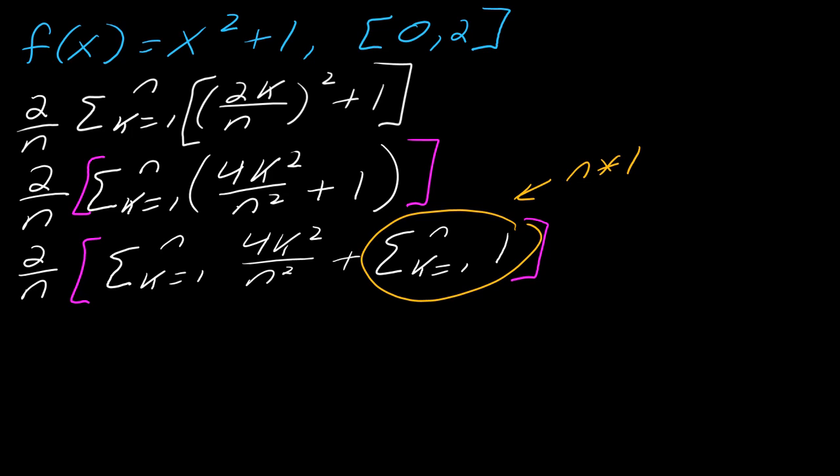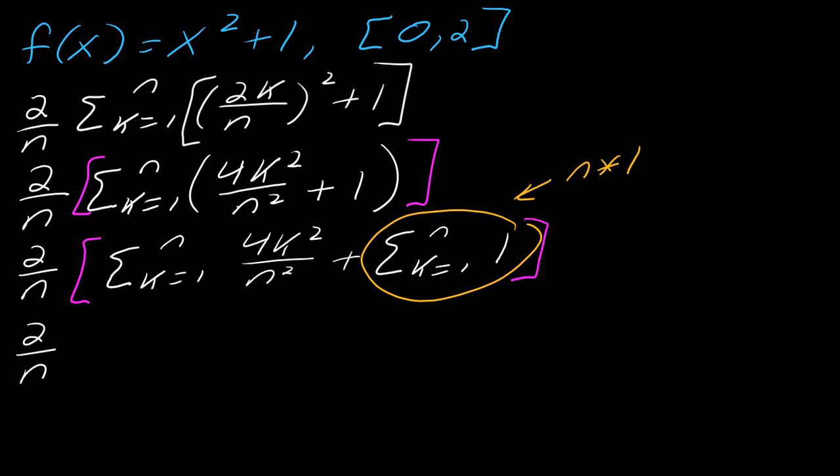Okay, so now looking at this other piece here, remember, we're just trying to sum up the k squared. So this 4 over n squared, this part is just a constant. So I want to rewrite this particular sum, factoring out this 4 over n squared. Remember, this 2 over n right now, we're just letting it hang out. We're ignoring it.